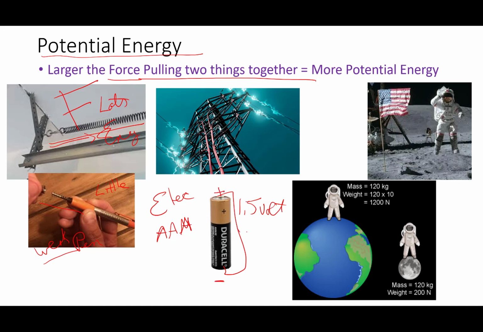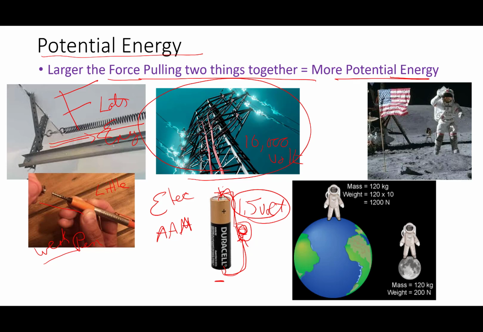If you put something like a light bulb between the positive and the negative, when the electrons are allowed to flow, they go through the little coil and they make that light bulb light. Now, 1.5 volts is a small electrical potential. High voltage power lines can be well over 10,000 volts. That is a way of measuring a big electrical potential energy.